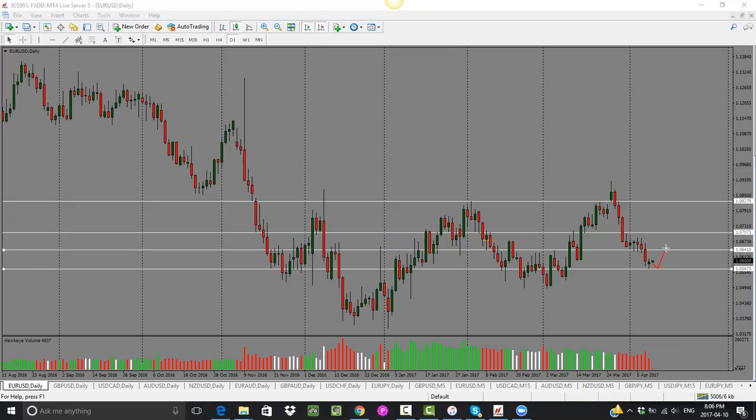So 106.40 or 50 area could act as resistance, and the price may drop from there, and the 105.70 area may act as support. So we have to be open to both of those scenarios.